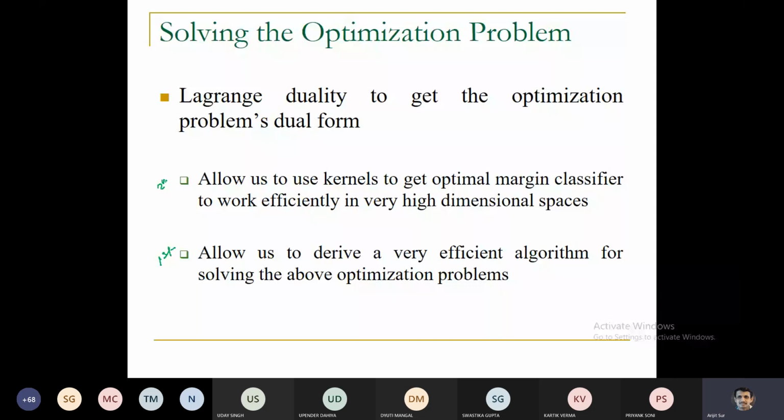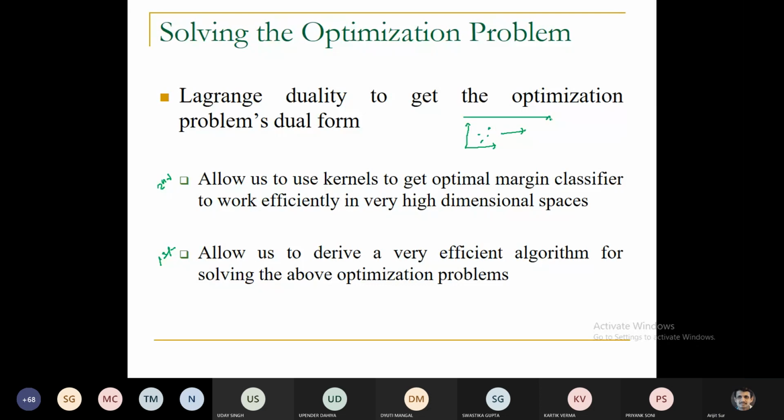So for this problem, there are two ways of solution. One is to use a kernel function, called the kernel trick, to project these data points. If there are some problems, we can project these data points to a high dimensional space.